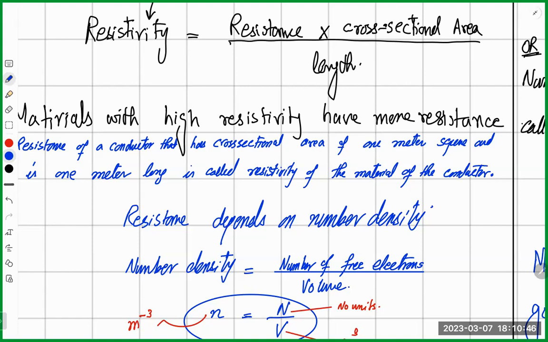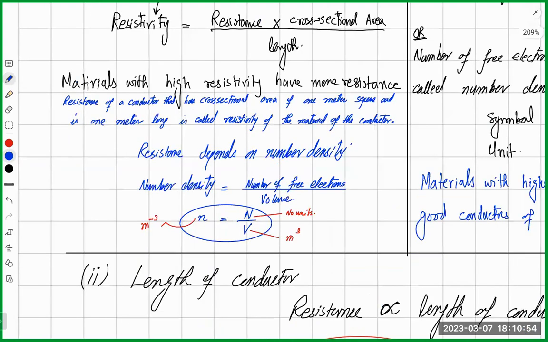Resistance belongs to a particular resistor and resistivity belongs to a material. It is a kind of specific resistance.